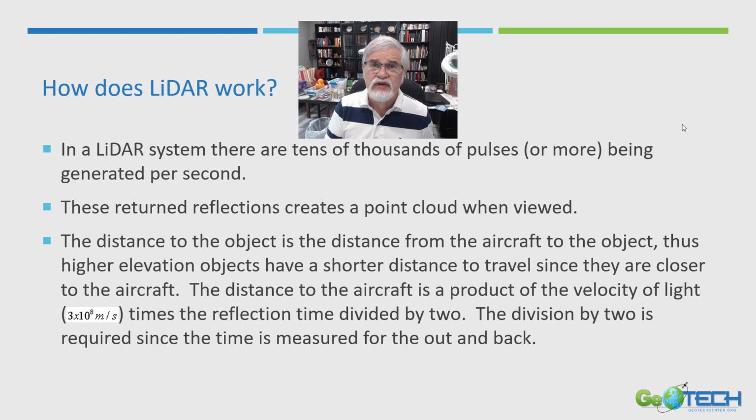So very simply, if we know the velocity of light and we know the time from when the pulse leaves the aircraft and it returns, we can therefore measure the distance from the aircraft to the Earth. We're actually measuring the distance from the aircraft to the Earth and back, so we divide by 2 to find out what the actual distance is.